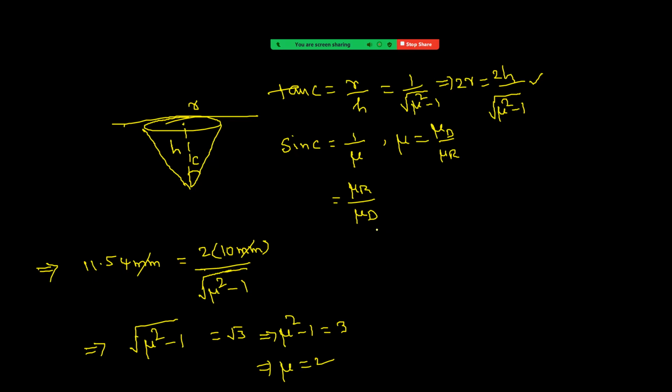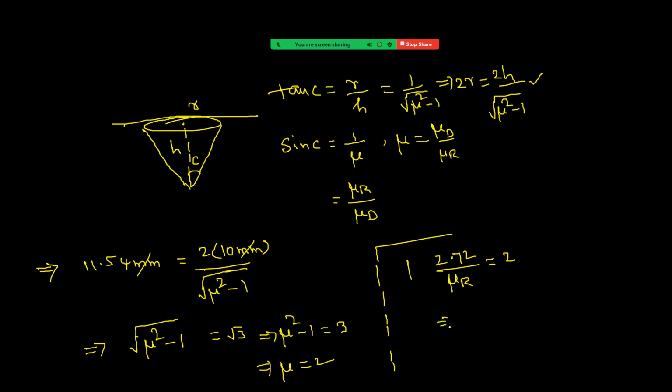Now see here what is mu. Mu in the sense mu denser by mu rarer. So mu denser that is given 2.72, upon mu rarer, which is nothing but refractive index of liquid in this case, that is equal to 2.